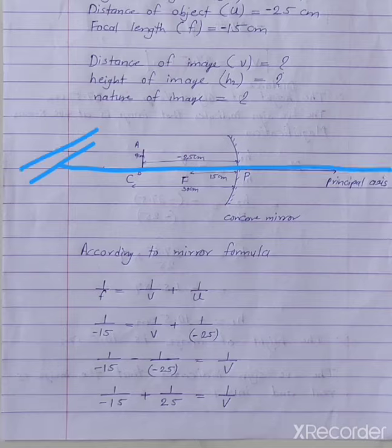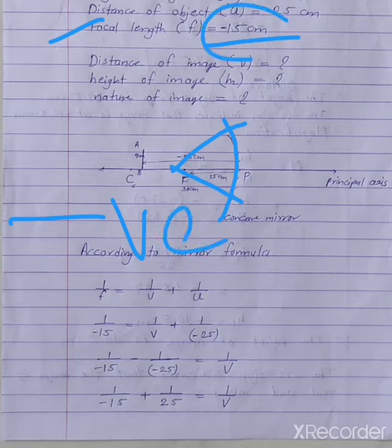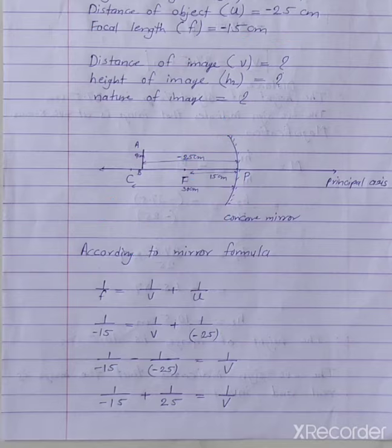So this is our negative x-axis, therefore this distance is negative 25 centimeter. Now the focal length of this mirror, this is a concave mirror, therefore its focal length is taken negative, because in a concave mirror we will get this focal point at negative x-axis, therefore it is negative 15 centimeter.